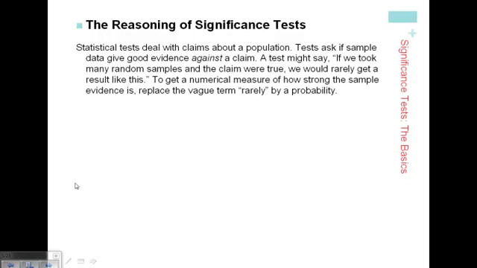If I took many samples of 6 coin flips, and the claim that I was telling the truth was true, rarely would I get 6 heads. We can measure the strength of the evidence against the claim by looking at the proper probability.